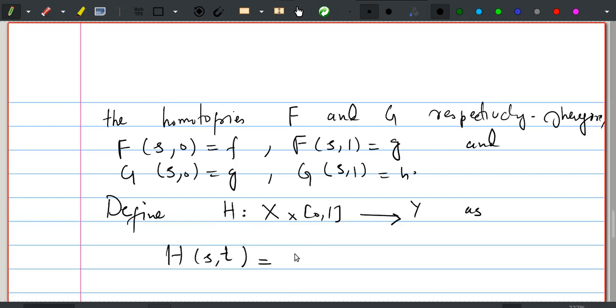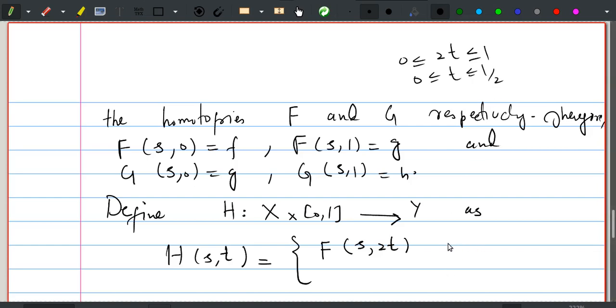This is equal to F of (s, 2t). Now since this 2t belongs to [0,1], that means 0 is less or equal to 2t is less or equal to 1, or 0 is less or equal to t is less or equal to half.